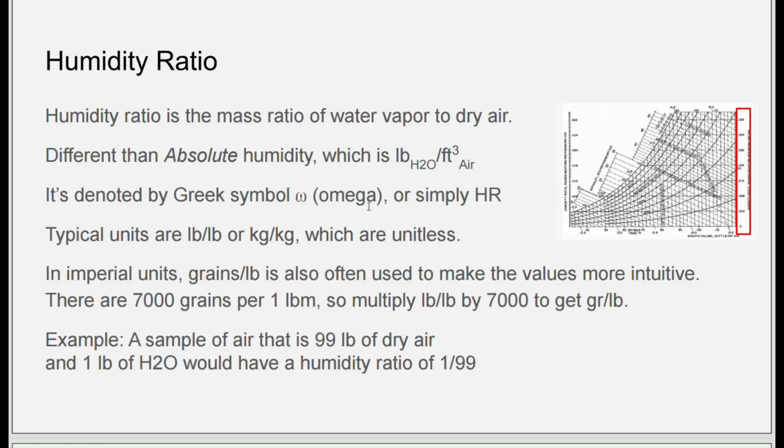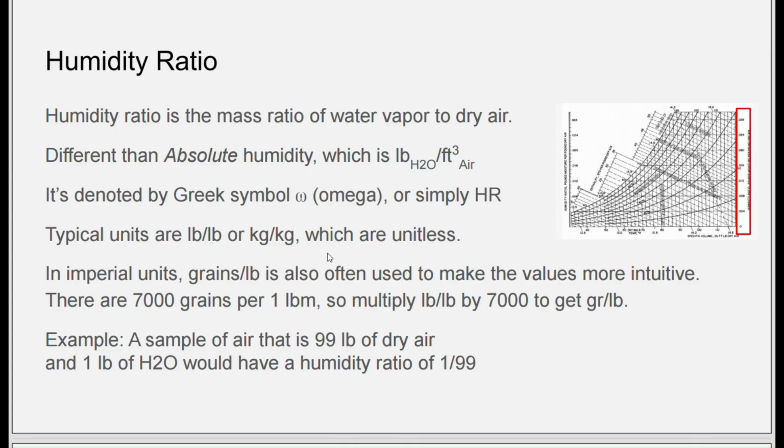If you ever see the Greek symbol omega when you're dealing with psychrometrics, that's referring to humidity ratio. It's usually in pounds per pound or kilogram per kilogram, which would be the same thing because it's unitless. Whenever you see omega, that's typically what it's talking about. What we'll typically use is grains per pound. There are 7,000 grains in 1 pound mass.